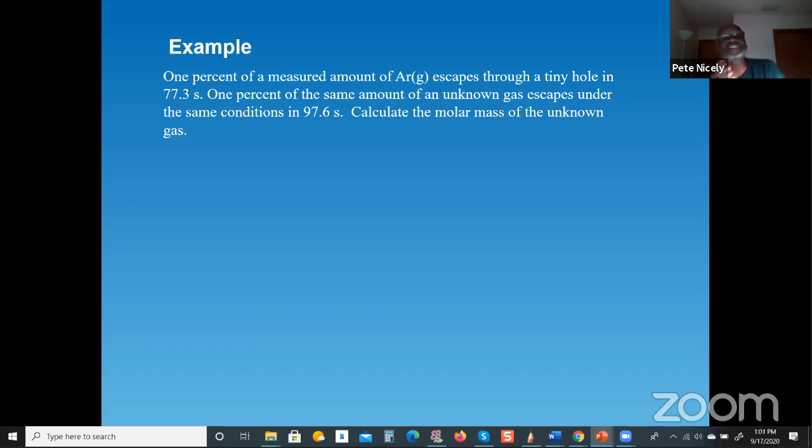So it says here, continuing, 1% of the same amount of an unknown gas escapes under the same conditions at 97.6 seconds. So the question is asking for you to calculate the molar mass of the unknown gas.